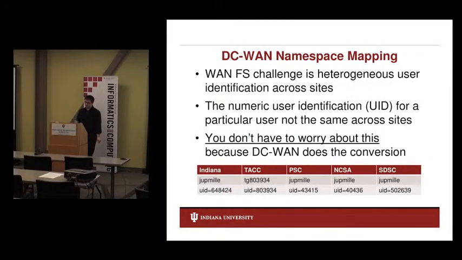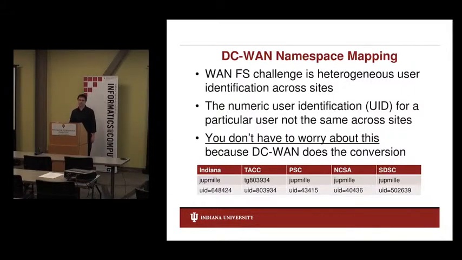So one challenge for WAN file systems is heterogeneous user identification across sites. Because IU Data Capacitor DC-WAN lives at IU, we have a particular scheme for UIDs. So every user has a username and a UID.